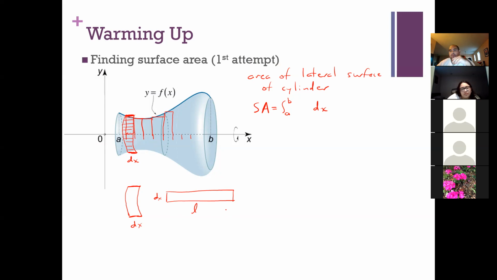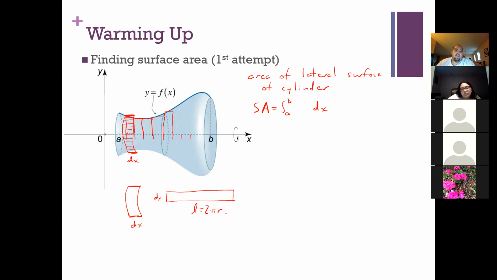Think about the way we found that when we were talking about volume of cylinders. It really is no different from the way you find this length now. Isn't that pi r? Very close. It's 2 pi r.